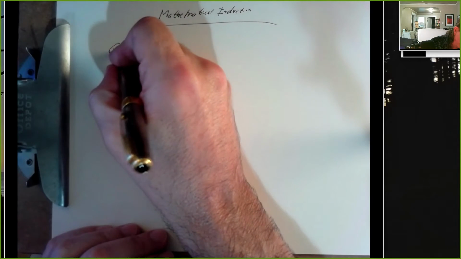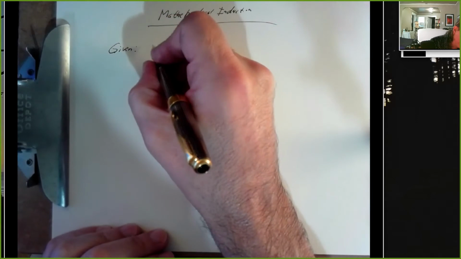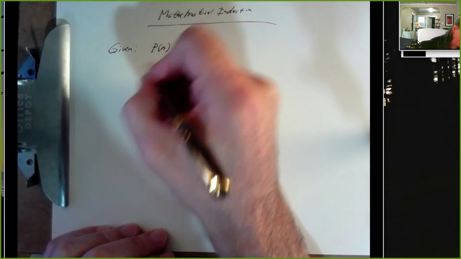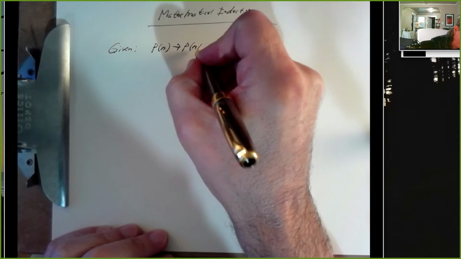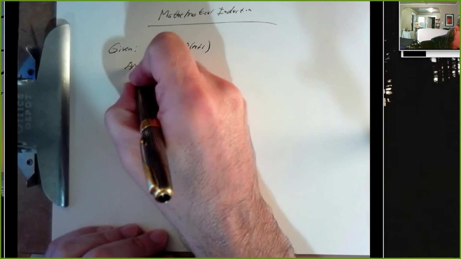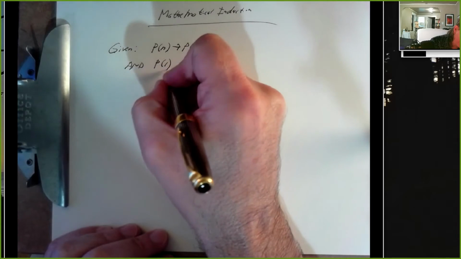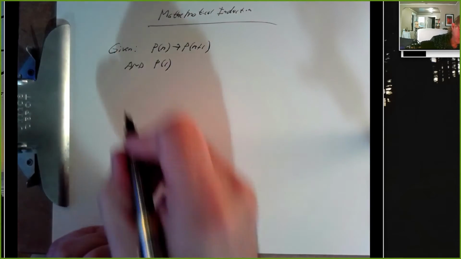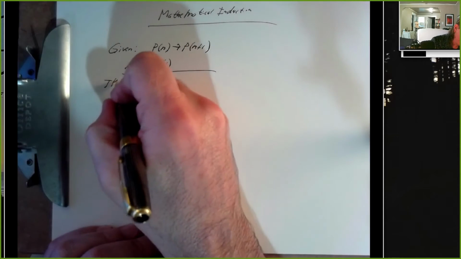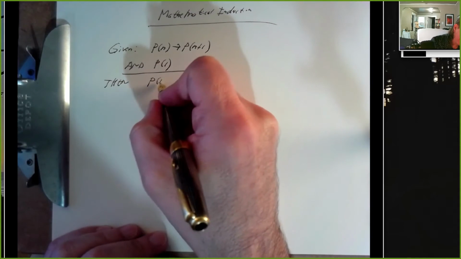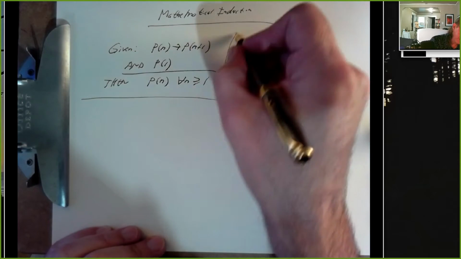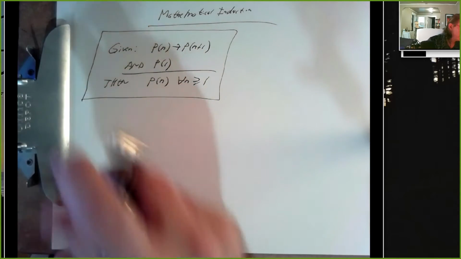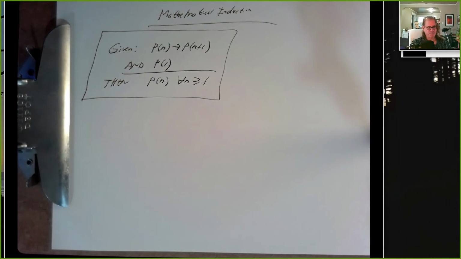Given that some proposition P of n implies P of n plus 1, and given that P of 1 is true, then P of n is true for all n bigger than or equal to 1. Alright, so let's break this down.